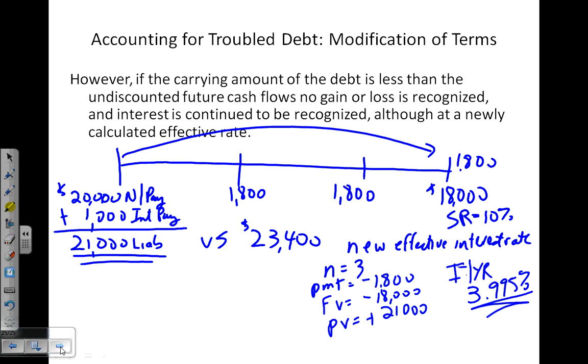And that's going to be my new effective interest rate. And I'll use that, right, in order to reduce down that liability of $21,000 currently to $18,000. And let me just show you that.